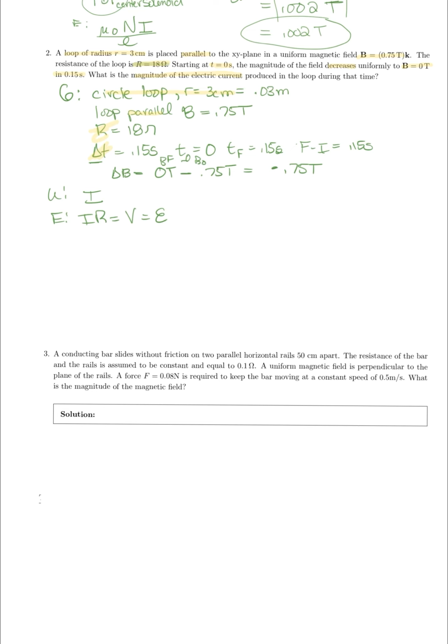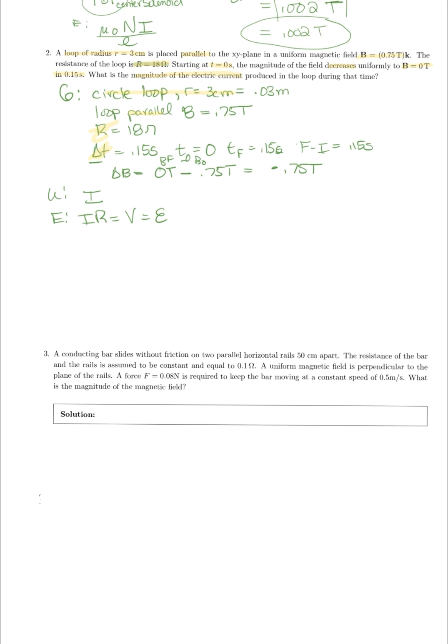All right, so let's keep it going. And then we have change in time and things of that nature. Okay, so we're asked for magnitude of electric current. Well, we're told here about a flux in our magnetic field. We have a change in our magnetic field. And if you remember, we have an equation that talks about the relationship of magnetic flux to EMF.